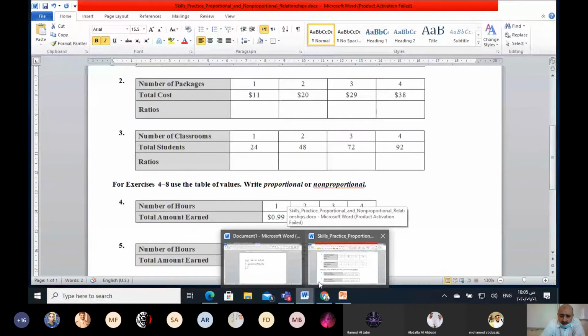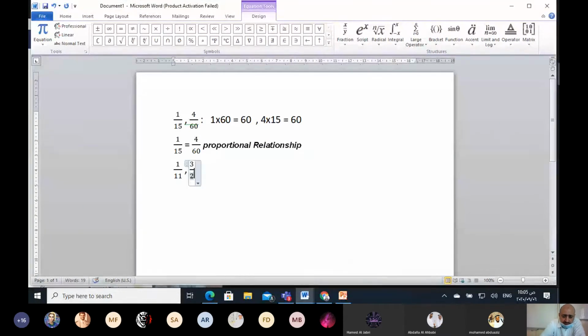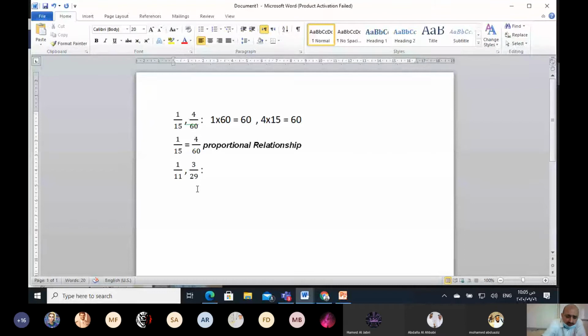Three over 29. Now, how to check? Do a cross multiplication. Is 1 times 29 equal to 29?